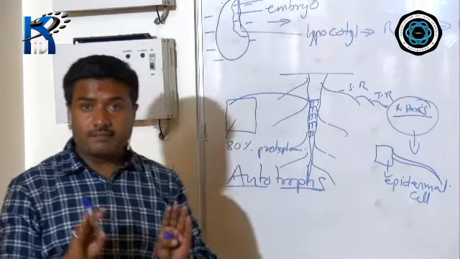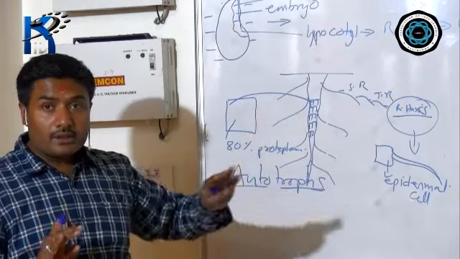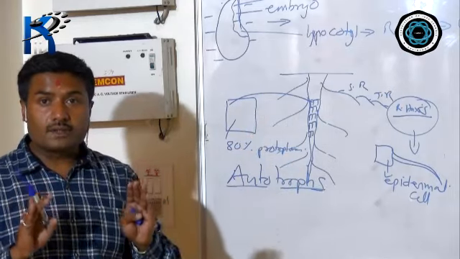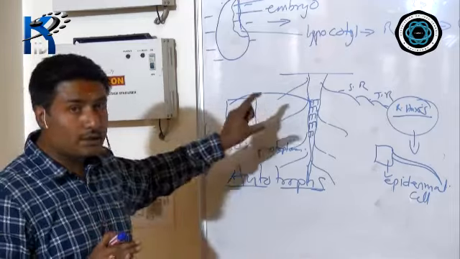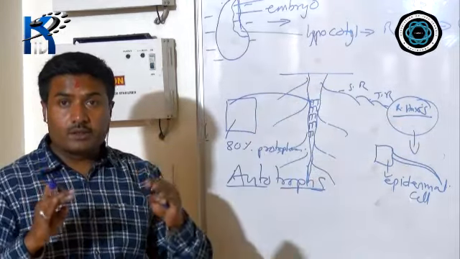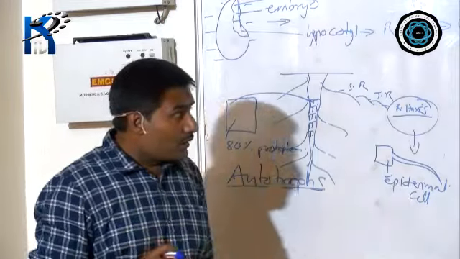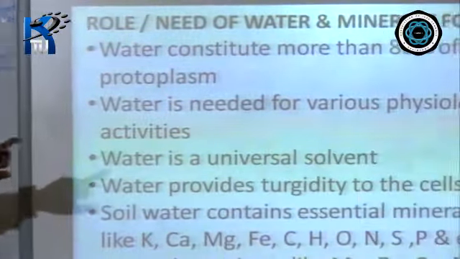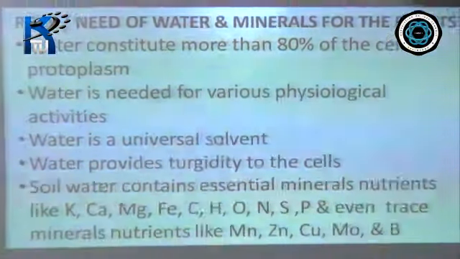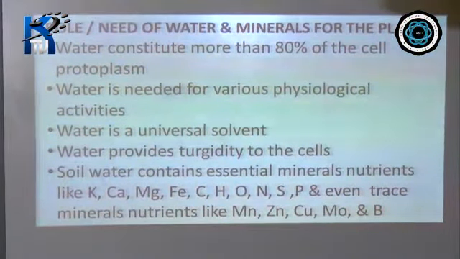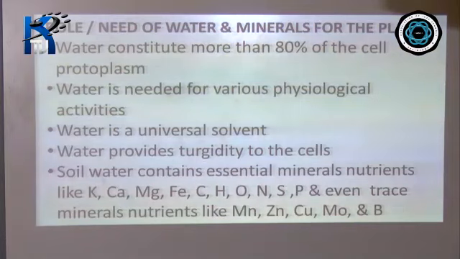If the protoplasm is living, then you have to understand the plant is also living. Otherwise, if water does not exist in the protoplasm, it may lead to different consequences. Next, water is needed for various physiological activities. In the plant, activities like photosynthesis, transpiration, translocation, respiration, and many other important activities inside the cell happen just due to the presence of water.